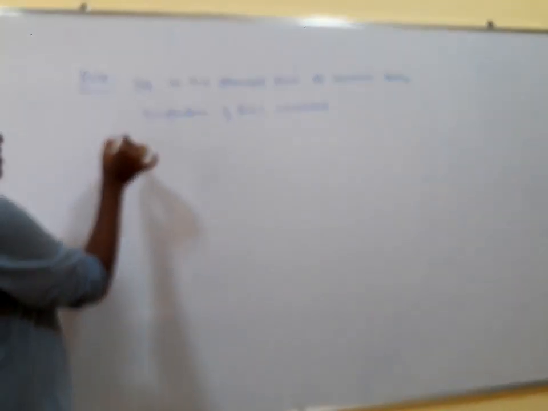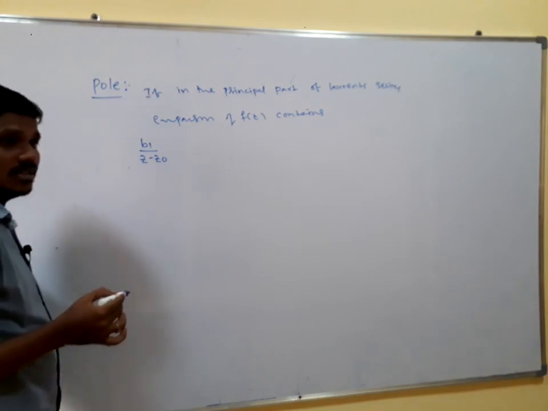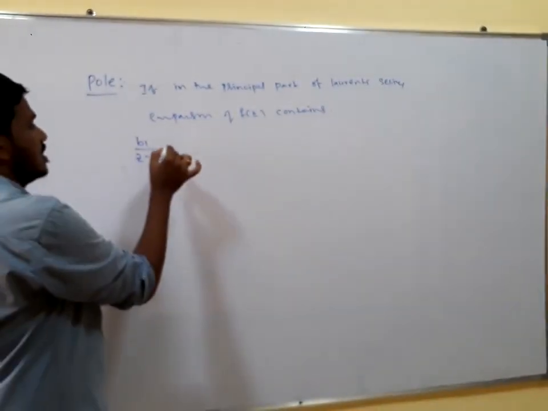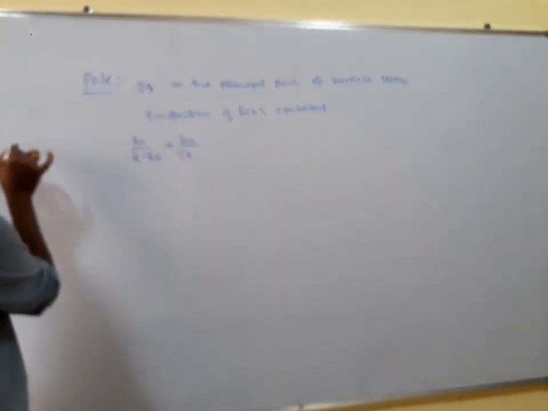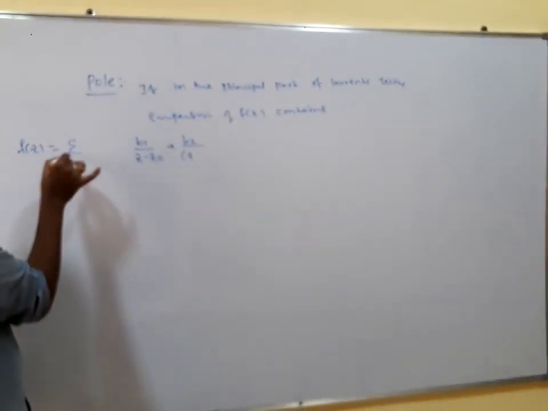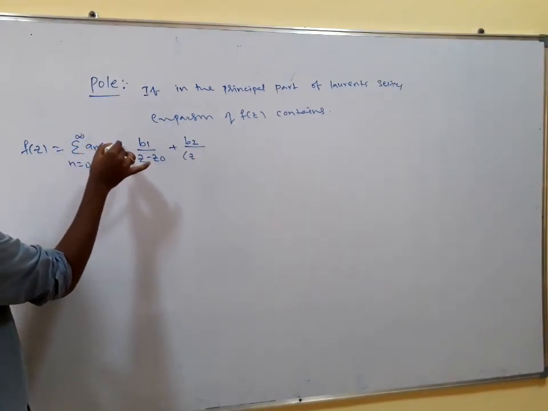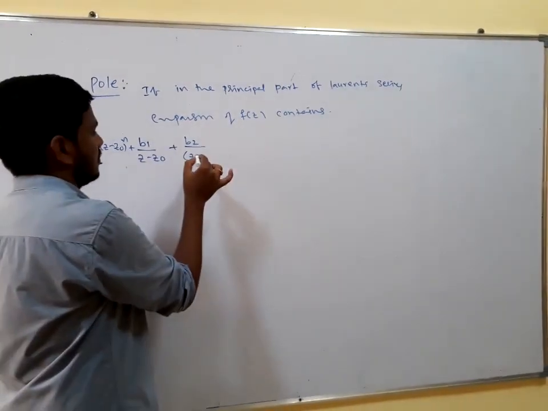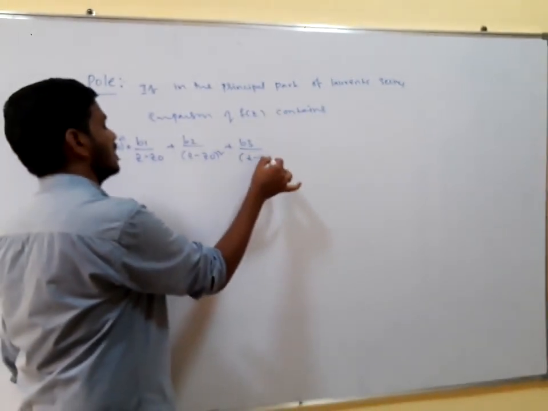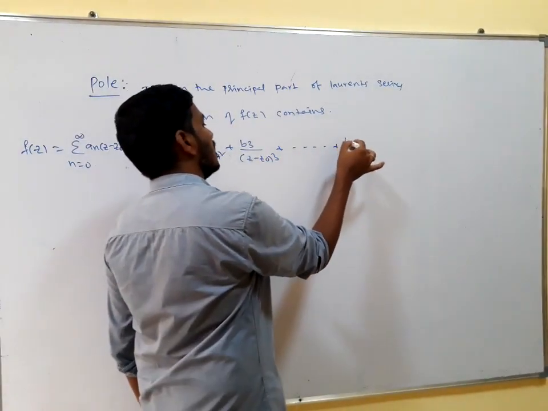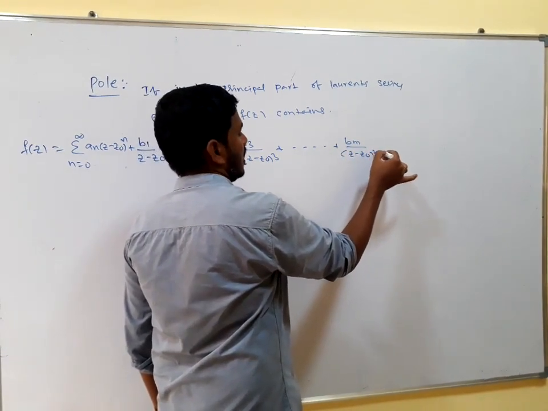Suppose we have f of z like this: the summation n equals 0 to infinity of a n times z minus z0 whole to the power of n, plus b1 divided by z minus z0, where z equals z0 is a singular point, plus b2 divided by z minus z0 whole square, plus b3 divided by z minus z0 whole cube, and so on, up to bm divided by z minus z0 whole to the power of m, right?